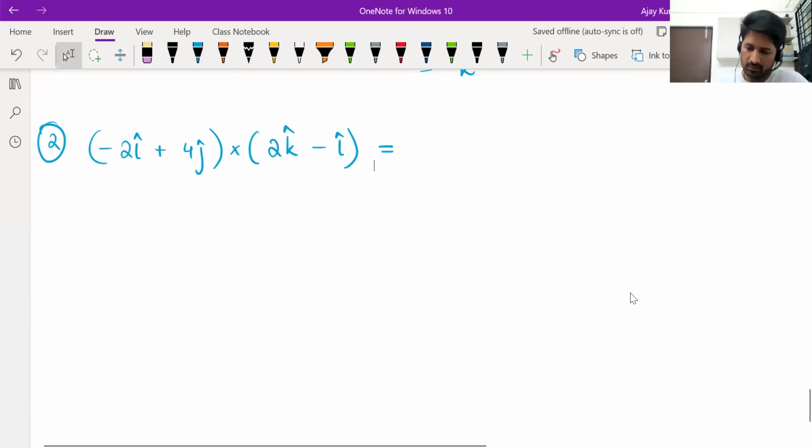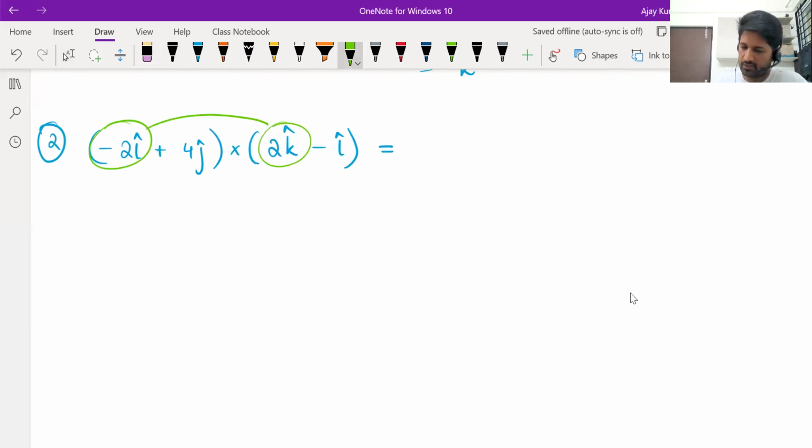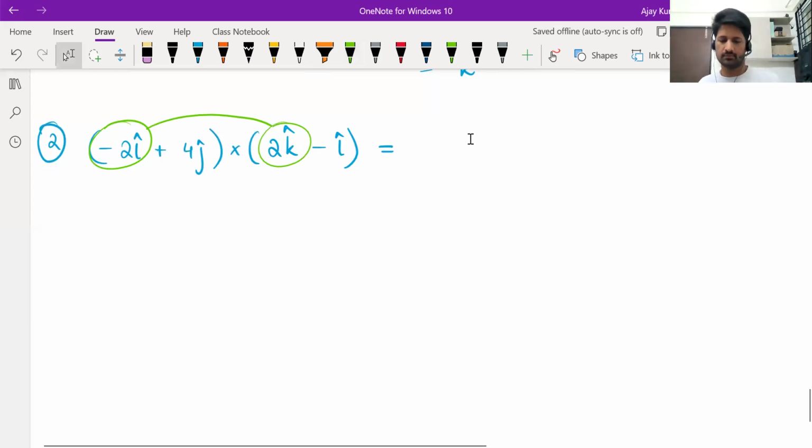Again, just take cross product of each term of the first vector with each term of the second vector carefully. So first these two, then the next two and so on. Make it fast.